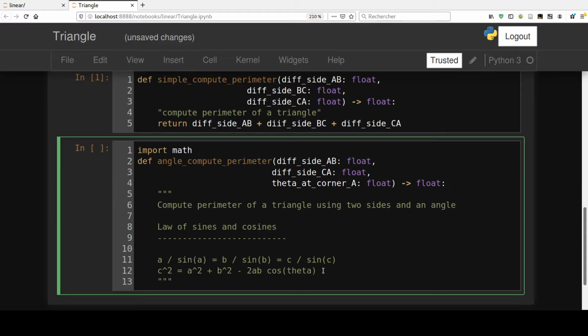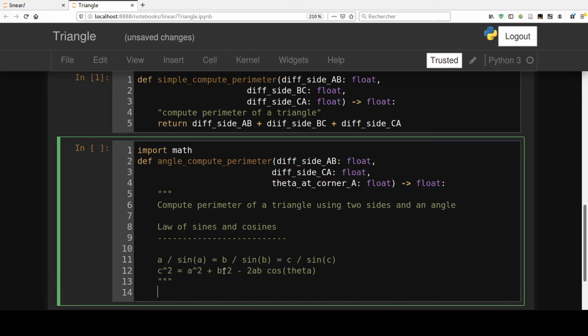Well, here our unknown side corresponds to the c squared in the formula, and our known sides are A and B. So let's start by taking the squares of A and B. Diff side AB squared, basically diff side AB times itself.